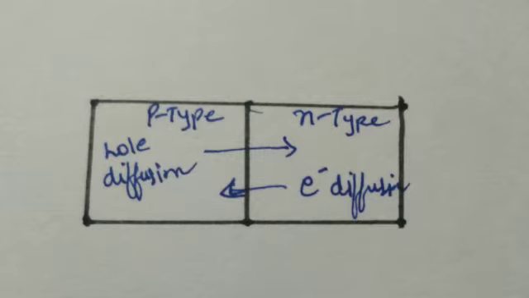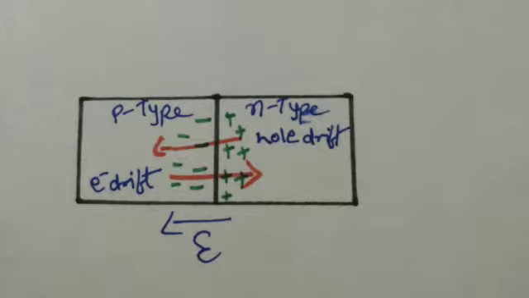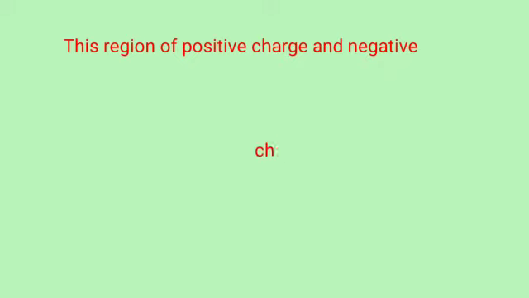So we can say that the diffusion current is the movement caused by variation in the carrier concentration, whereas the drift current is the movement caused by an electric field. The direction of diffusion current depends on the slope of the carrier concentration, and the direction of drift current is always in the direction of the electric field.